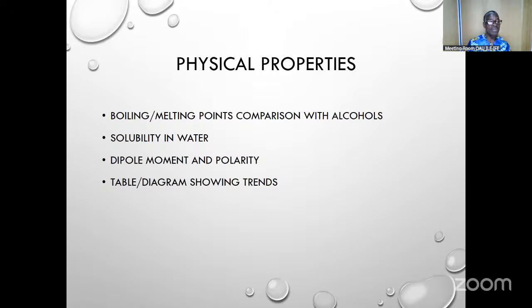We talked about their boiling point and melting point, which can mostly be compared with that of alcohol or the corresponding alkane groups. We also talked about solubility in water, and we said it's not soluble in water, unlike alcohol.